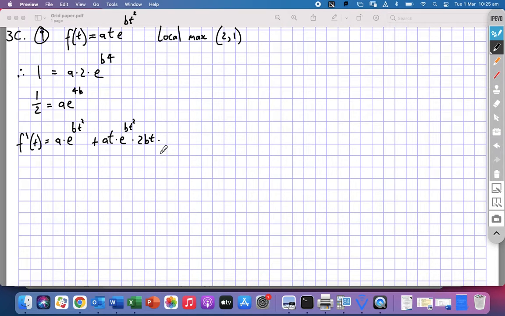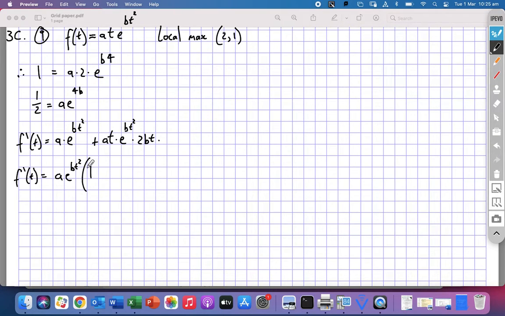Always a good idea to factorize a derivative if you're going to use it. So this derivative, in its factorized form, is a e to the power of bt squared. Now there's a common factor in that term and also in this term.